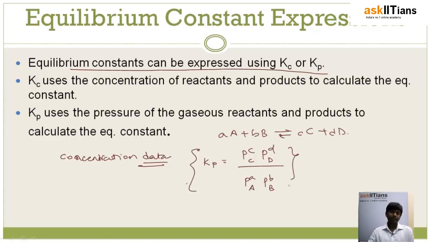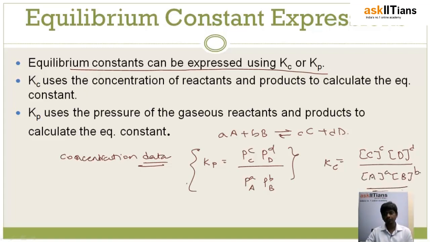You can easily memorize this if you compare it with Kc, which uses concentration terms, D to the power d and so on, that is concentration of A to the power a and concentration of B to the power b, which are their stoichiometric coefficients. So can I say you are only going to replace the concentration with the partial pressure, and the rest of the law of mass action is going to be obeyed.